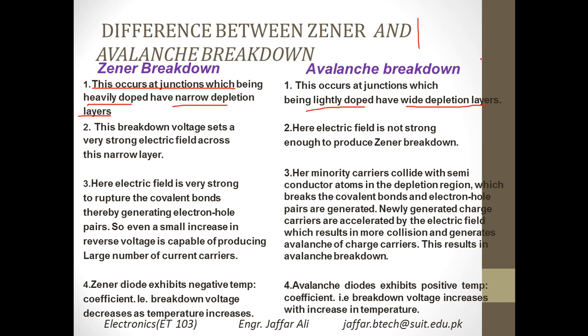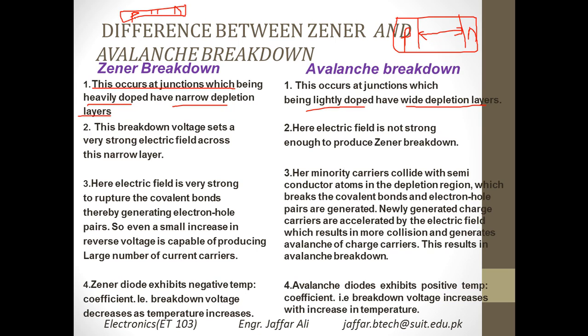In avalanche breakdown, this is a P type, this is an N type, and the width of this depletion region is very high due to less doping. Similarly, the opposite case has a narrow, thin depletion region, and this is because of heavy doping.